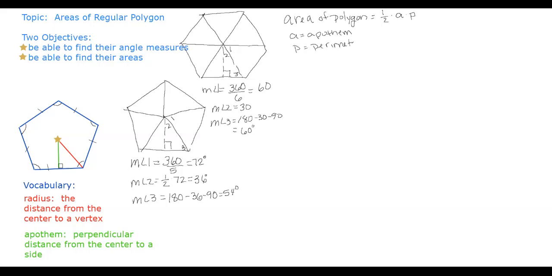Now, to find the perimeter of any shape, remember it's the sum of the sides. Let's look at a problem.